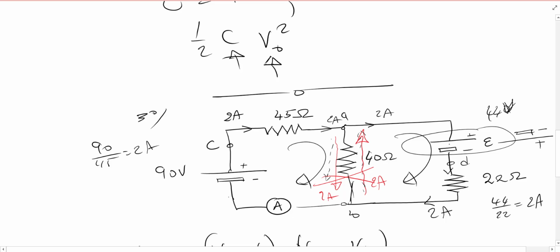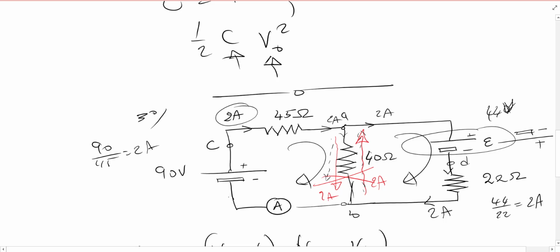It's going to be slightly higher to push this current, and then they combine there, and it's going to be slightly less, depending on the voltage difference. The calculation doesn't really matter, but the point is there will be a net current here, and point A will be higher than point B in voltage.